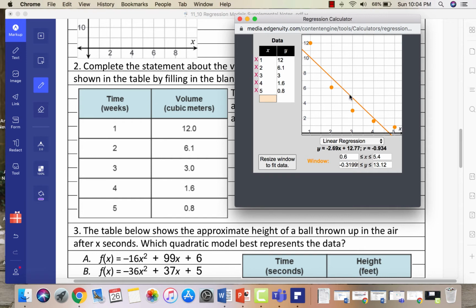So you can see here, without looking at the line, this creates a curved shape. So we have to change this to exponential. And that will show you that this creates a curved shape.